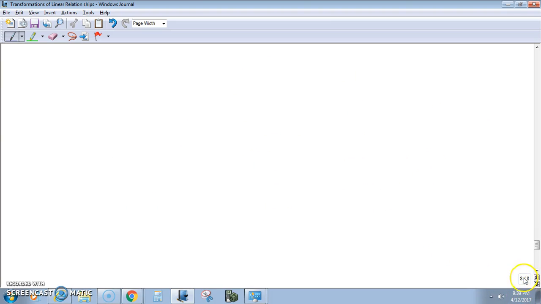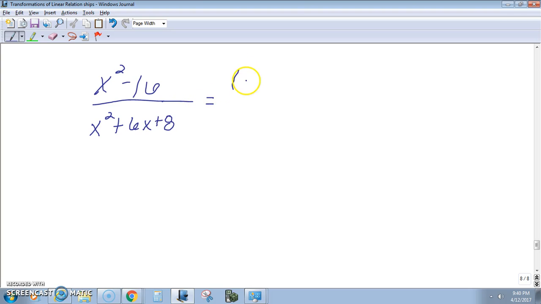So let's do another practice problem. How about x squared minus 16 over x squared plus 6x plus 8? Let's go ahead and factor this.